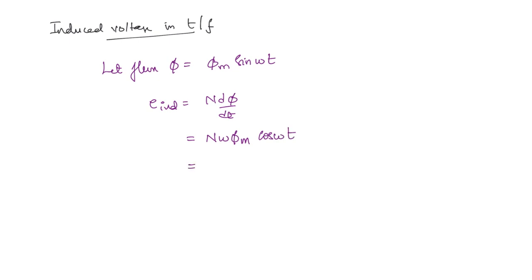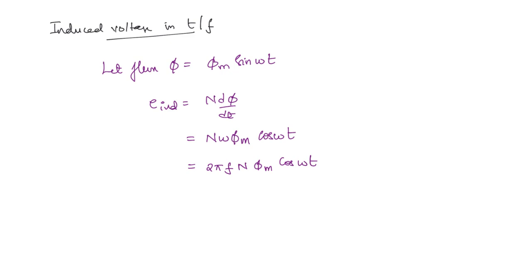This omega is the angular frequency in radians per second. We often want it in terms of hertz. So omega is 2 pi f. So 2 pi f N phi m cos omega t is the final expression for the induced EMF.